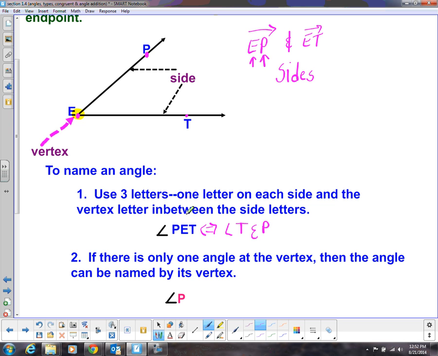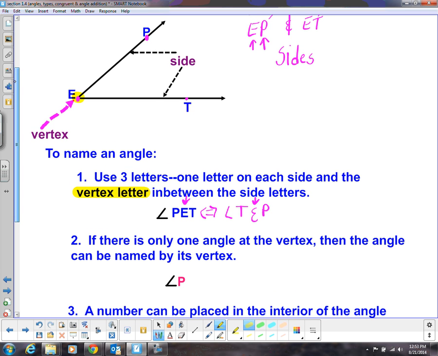The important part is E is in the center of the 3 letters because it is the vertex. So let me emphasize that one more time. The vertex letter must be in between your side letters, and the sides are the letters that are on the rays. Now, if there is only one angle at the vertex, then the angle can be named by its vertex.